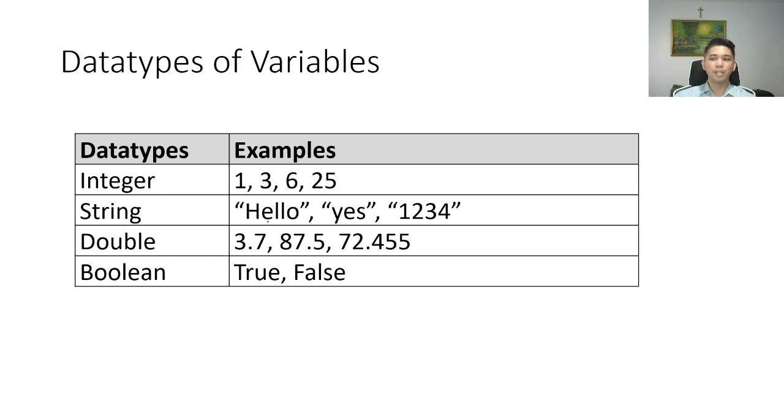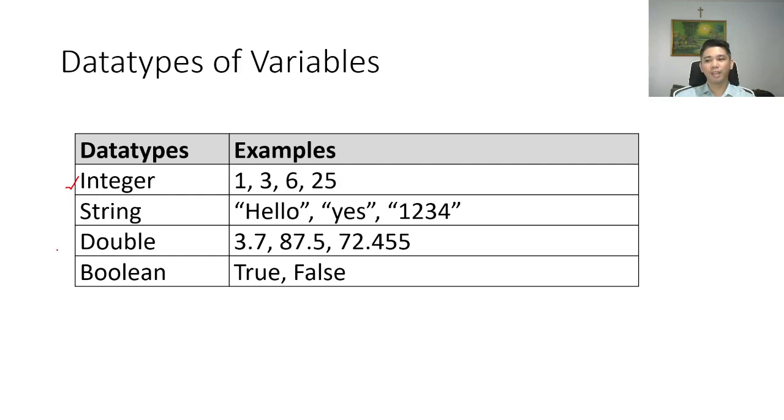The first one is an integer. When we say an integer, look at the examples, 1, 3, 6, 25. The common among them, they are whole numbers. And aside from that, the integers must never have a decimal point, because having a value with a decimal point is actually a different type of data.